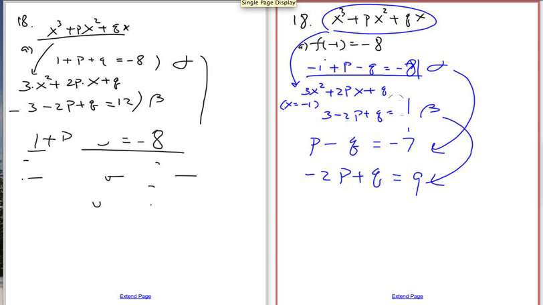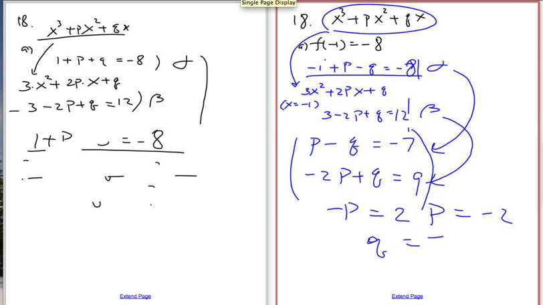And adding these two equations together, we get -p equals 2. So p equals -2, and q equals 5. So the answer for the first question is p equals -2, q equals 5.